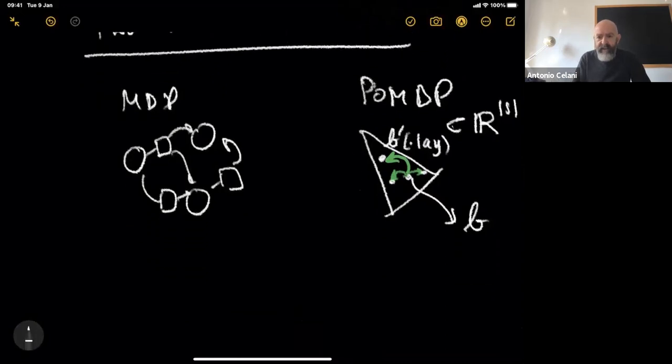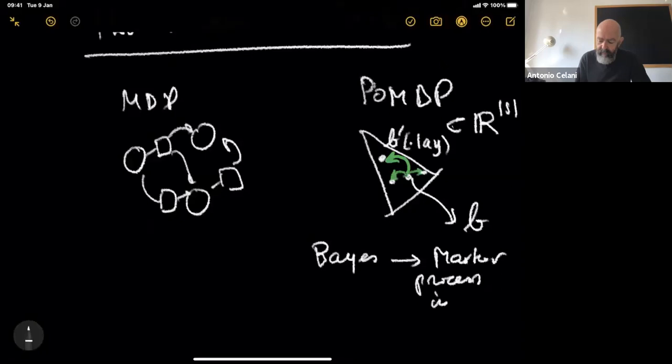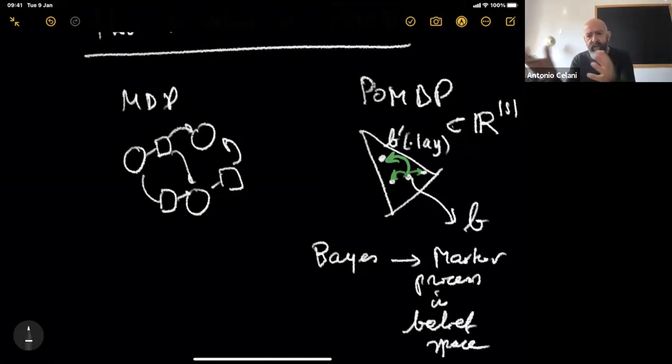Why is that? Because the new belief depends only on the previous belief, and it depends on something which is the action, and probabilistically also the possible observations, with some probabilities that you know about.